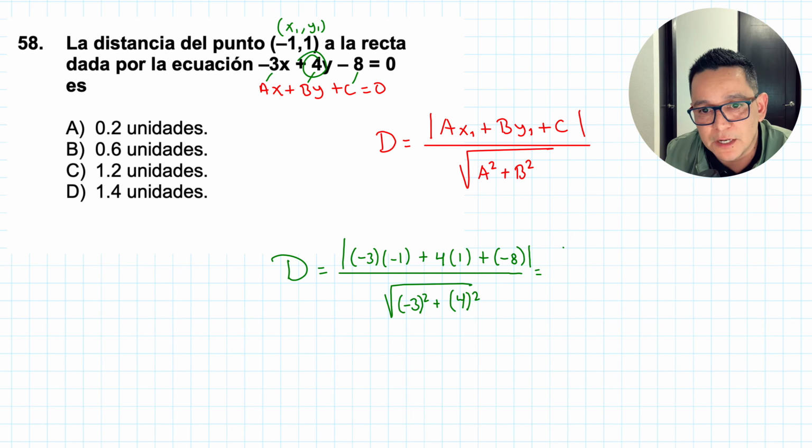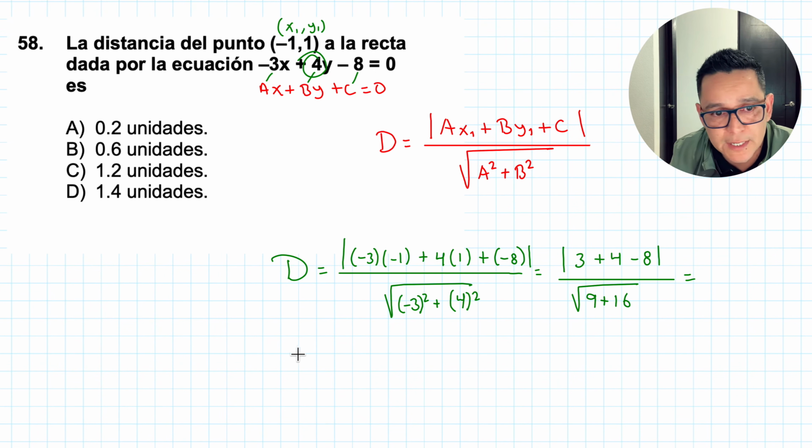So I get the absolute value of -3 times -1 is 3, plus 4 times 1 is 4, plus c, which is minus 8. I close the absolute value. We draw the line, and this is going to be divided by the square root of -3 squared, which is 9, plus 4 squared, which is 16.